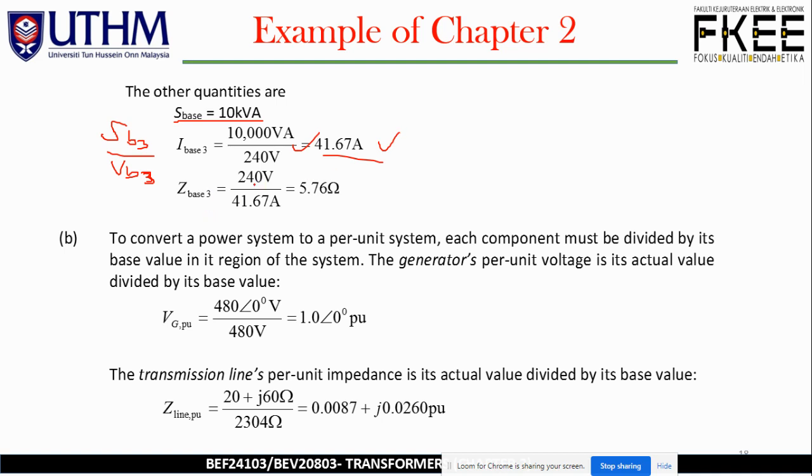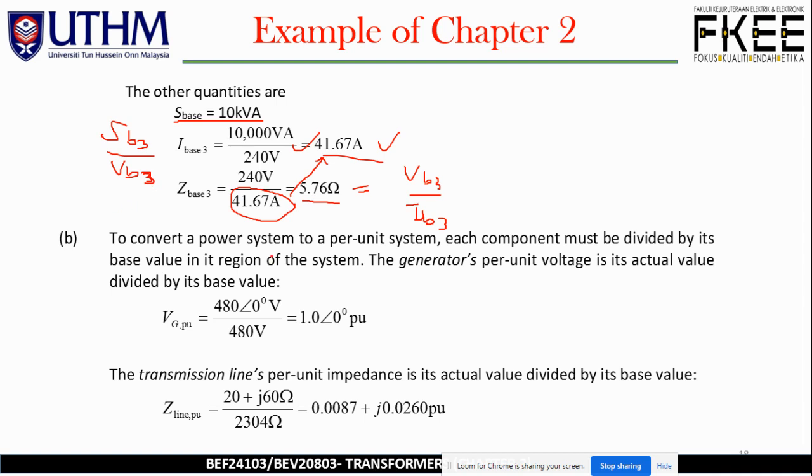And Z base 3 is V base 3 over I base 3. Remember this one, I base 3, we just obtained the value here. Resulting in the value of Z base 3 equal to 6.76 ohms. So we have done all the base quantities for all regions.